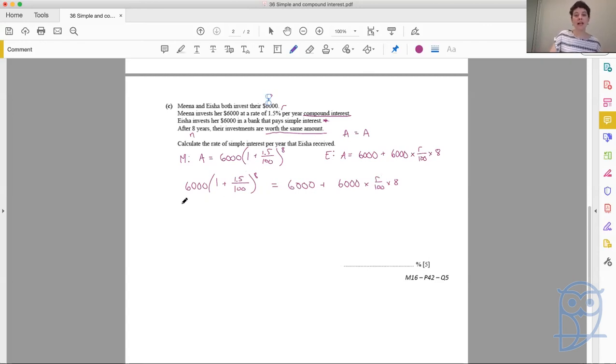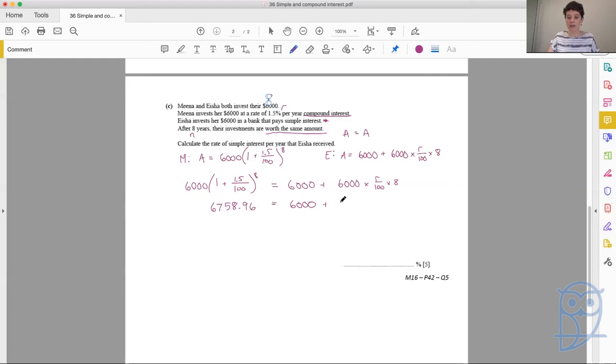So on the left-hand side, straight into the calculator as it is, and we come out with 6758.96. And that equals 6,000 plus, we can simplify here a bit. We would have 6,000 divided by 100 times 8.